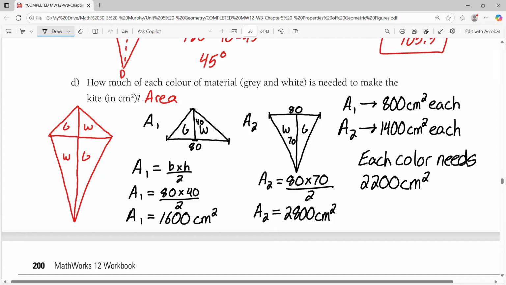They add up to the same amount, so you just get the total area. So add up A1 and A2 and then divide it by 2. You'll still come out to the same answer. Okay, that is the end of geometry, lesson 7, part 2.